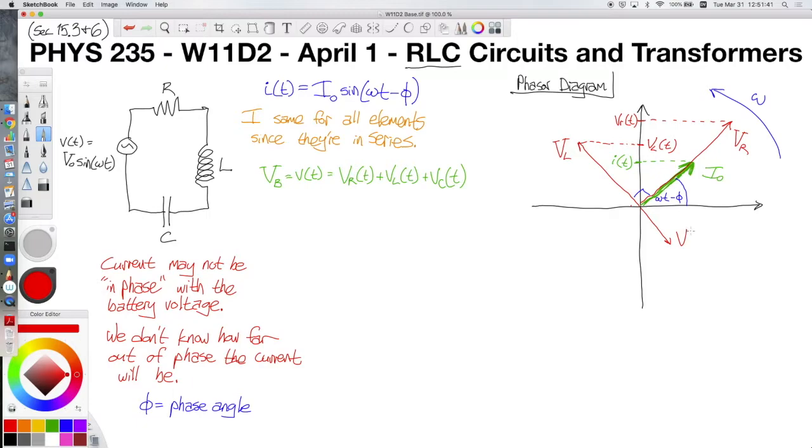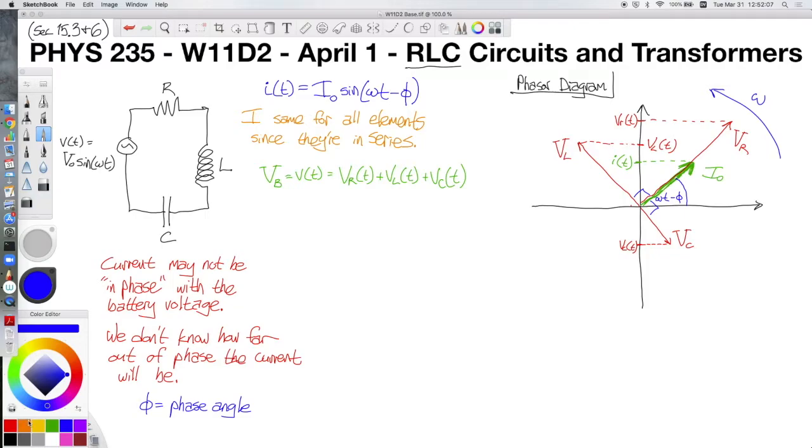So this will be the maximum voltage across the capacitor, capital VC, and as always, the y component is the voltage across the capacitor at that specific moment in time. And everything here continues to rotate around the central point, and again, the angle between the capacitor voltage and the resistor voltage is 90 degrees.